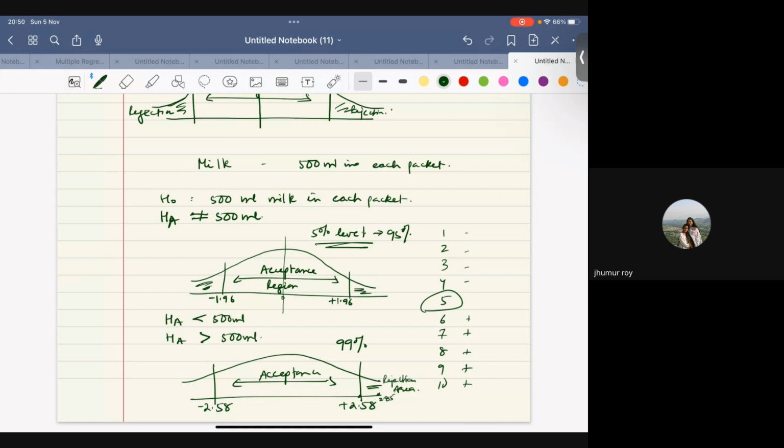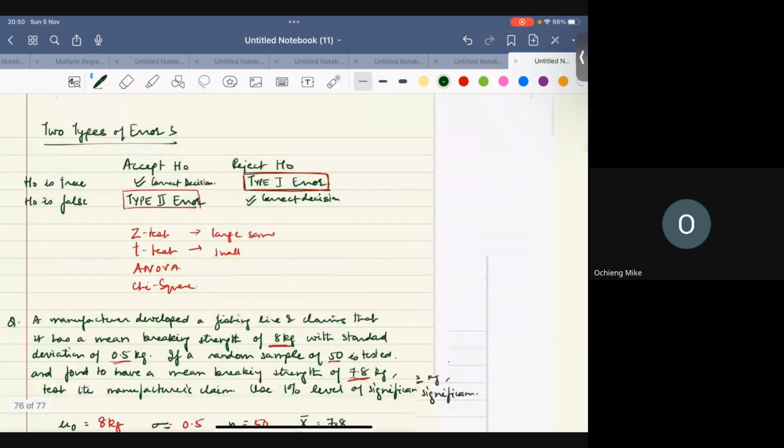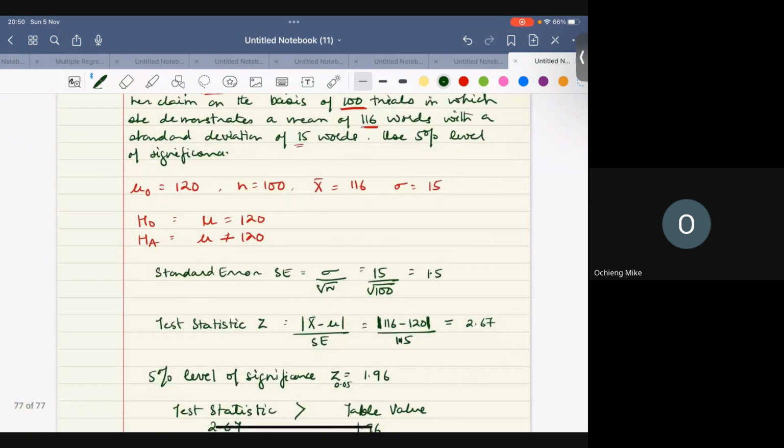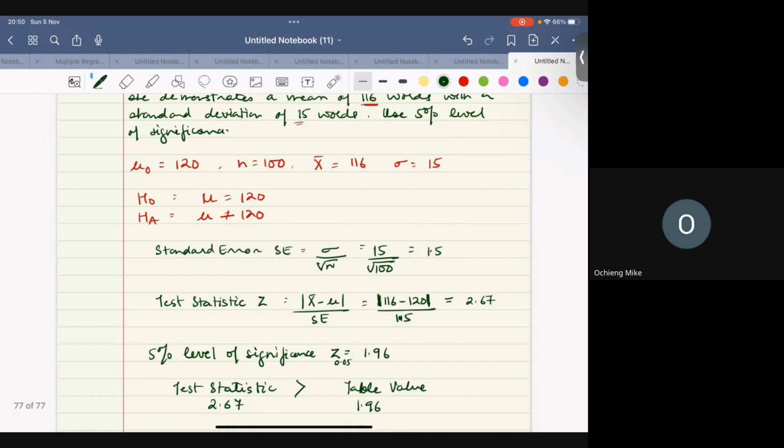Yes, Mike, what is your question? Ma'am, I'm inquiring something. On test statistics Z, you said the formula is the sample mean minus the population mean over the standard error. Then you used 116 minus 120 over 105, then you got 4 over 105. May I please know how this 4 came?